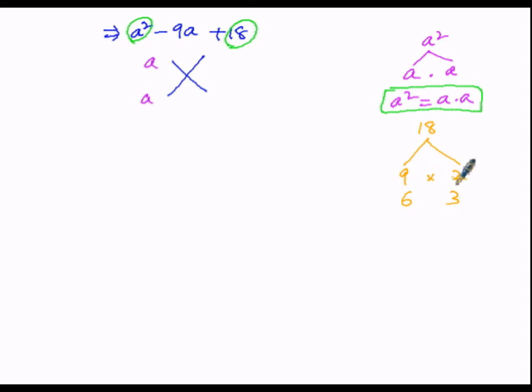So 9 into 2 is 18 and 6 into 3 is also 18, but we must choose the exact factors. By adding the two factors, 9 plus 2 is 11, which is not the middle term. By subtracting, 9 minus 2 is 7, which is not the middle term.